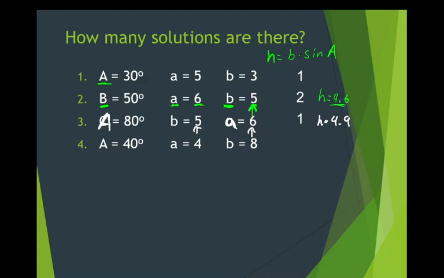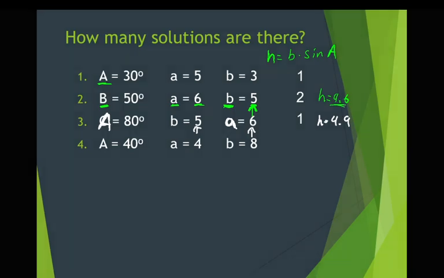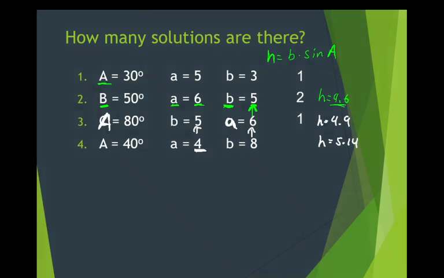And in this case, my height is going to be 5.14. My height is 5.14, but my other side is only 4, which means that I have 0 solutions.